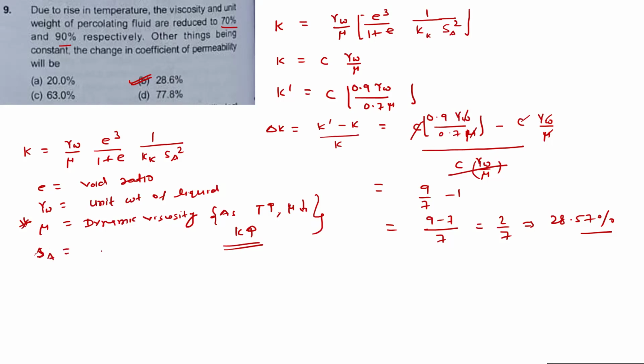SA is the specific surface area, and KK is the Kozeny constant.